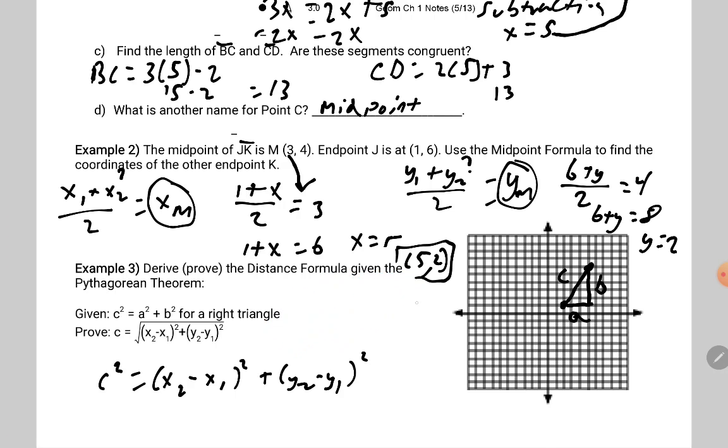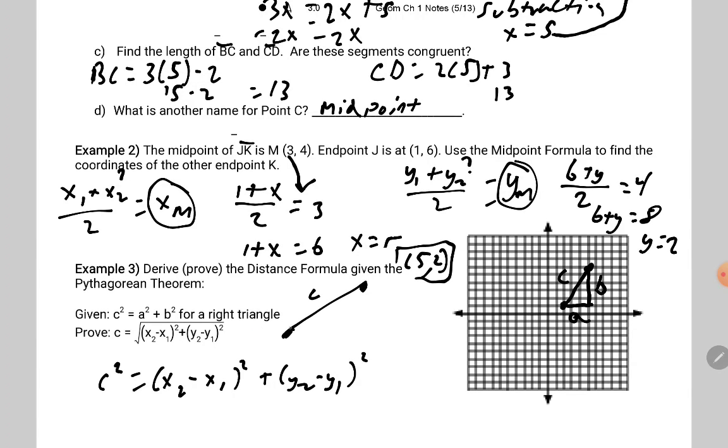Let me rewrite that. So here's point A, or there's B. So here's the value C. So this coordinate would be x1, y1. And this one would be x2, y2.